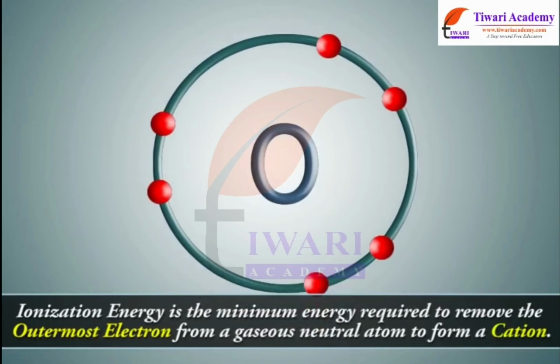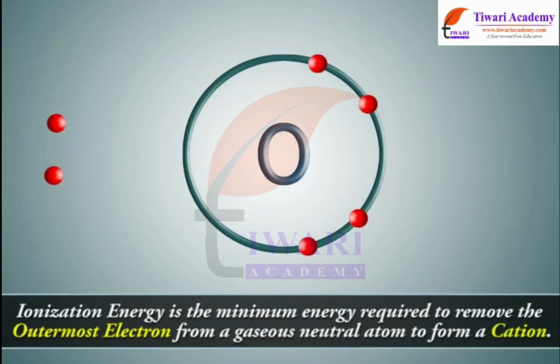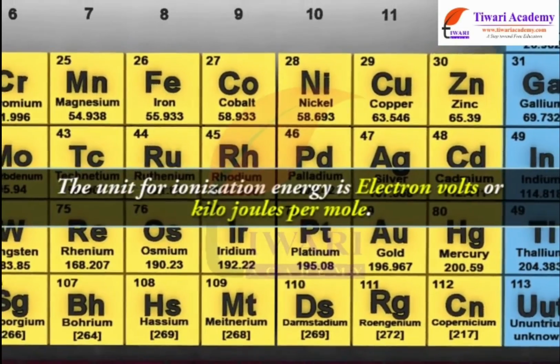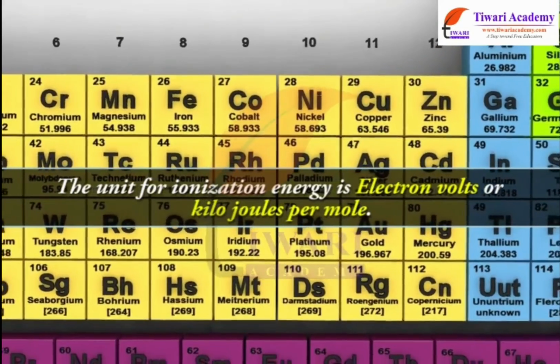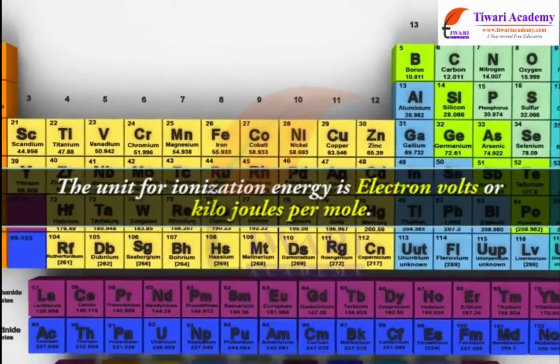Ionization energy is the minimum energy required to remove the outermost electron from a gaseous neutral atom to form a cation. The unit for ionization energy is electron volts or kilojoules per mole.